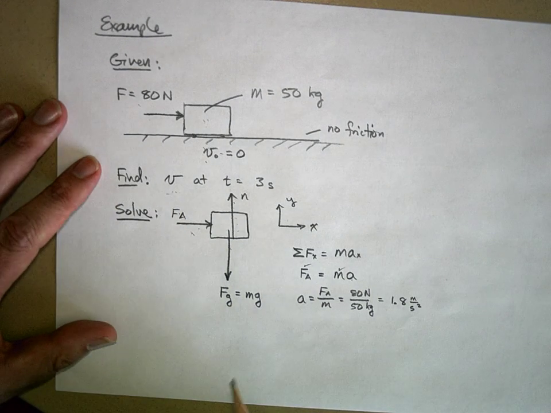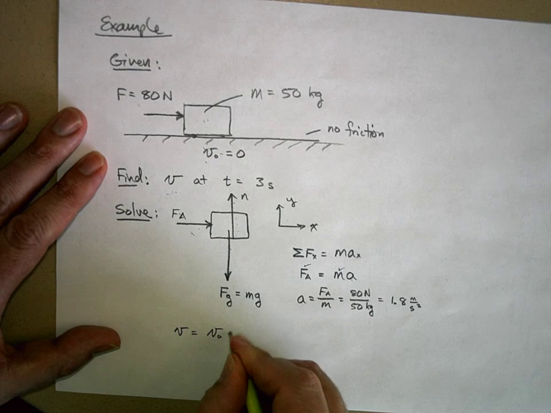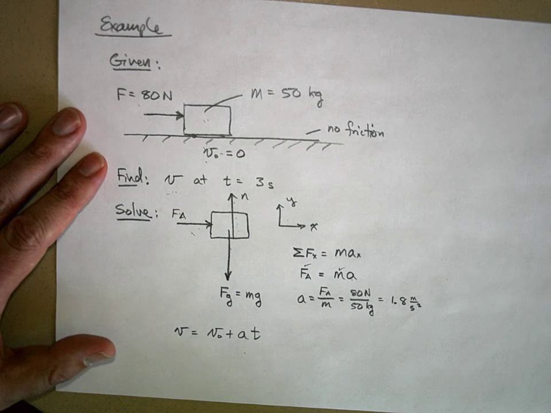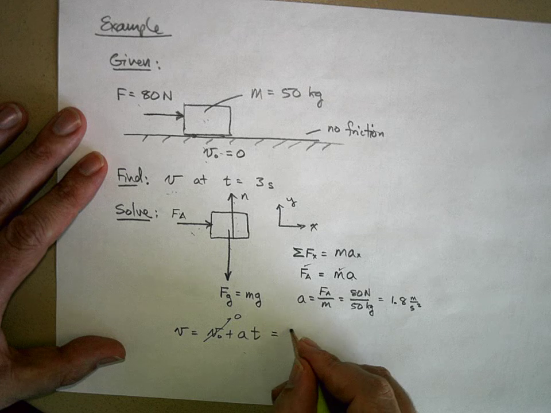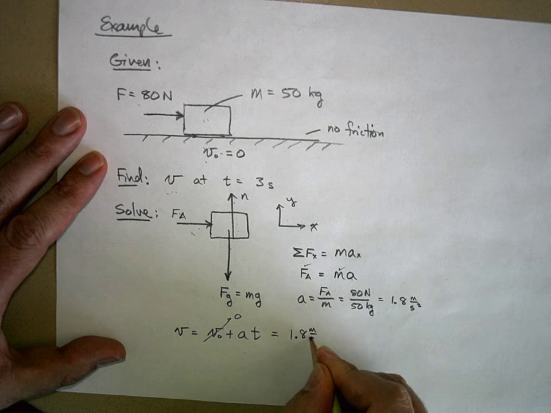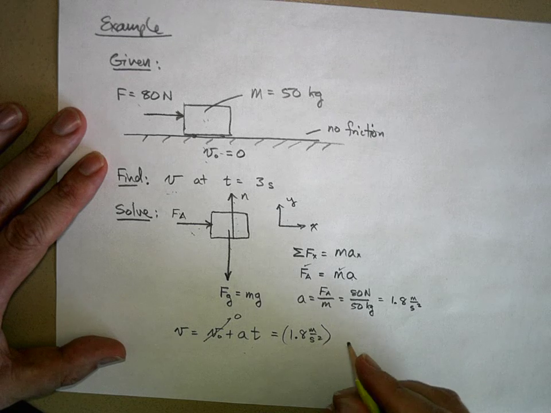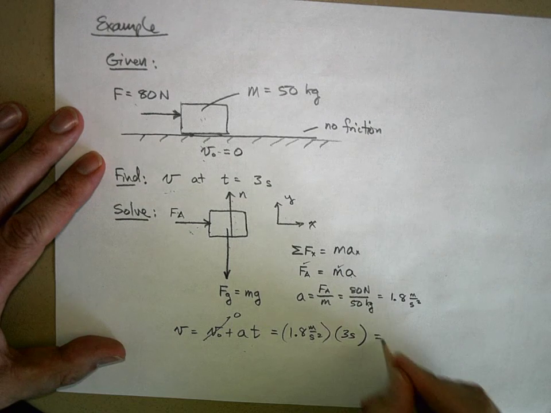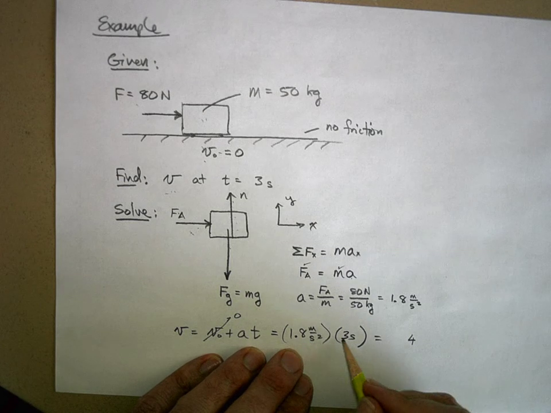So the final velocity is equal to the initial velocity plus acceleration times time. I was given time, and the initial velocity is 0, so it's just 1.6 meters per second squared times time, which is 3 seconds. And so what is 3 times 8 is 24. So it's 5.4. Is that right?